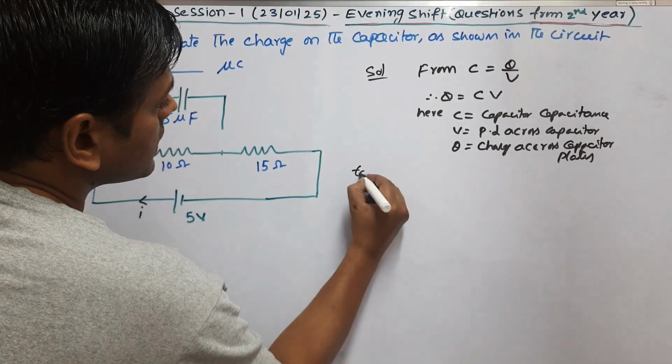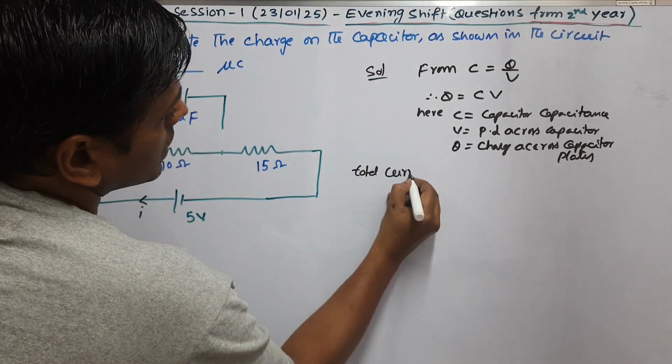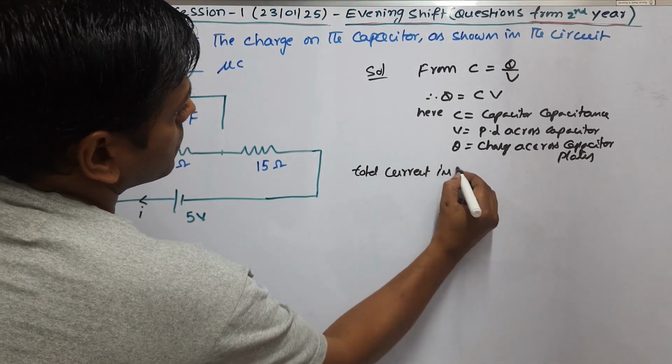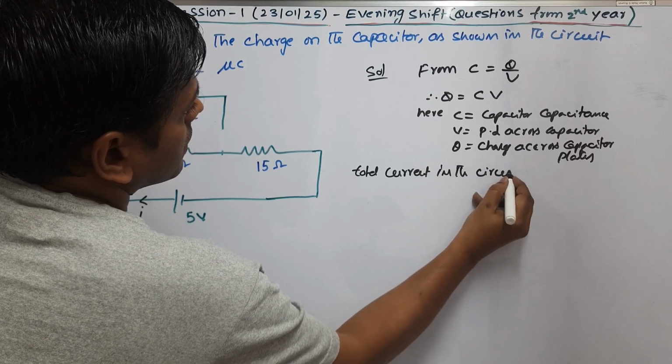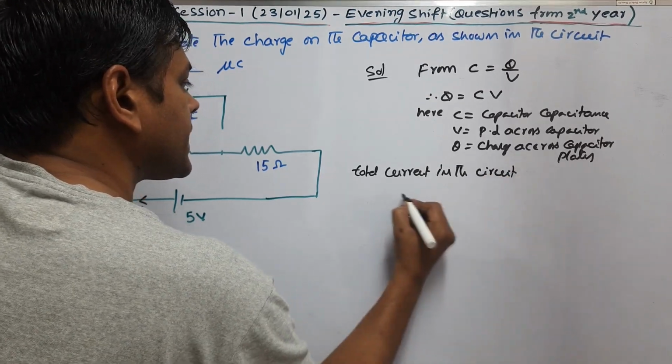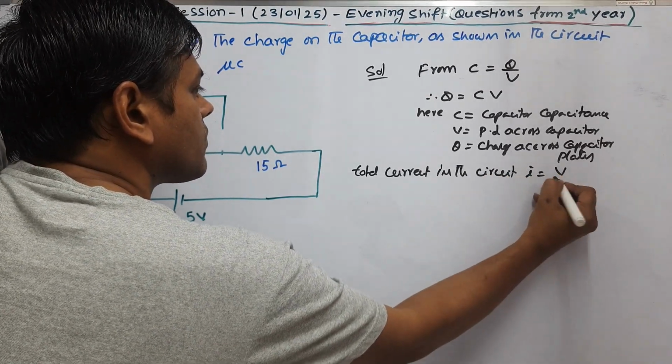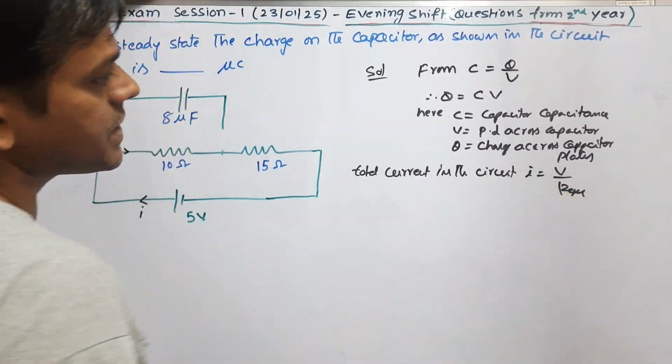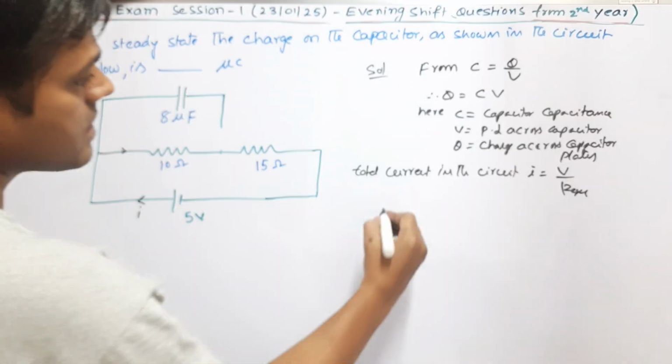So the total current in the circuit, I, is equal to V by R equivalent, that means net resistance. What is the net resistance?